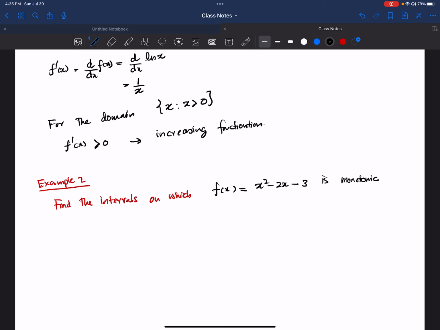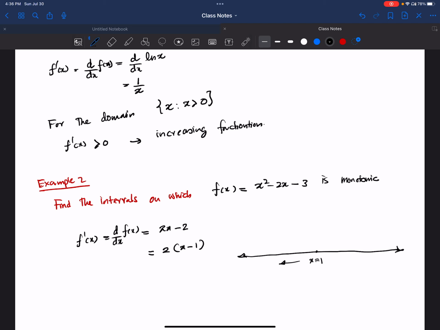Now first we want to find the derivative d over dx f of x, which is f prime of x. You have 2x minus 2. So we can see that f prime of x is 2 times x minus 1. If I draw the number line, the critical point would be x equal 1.